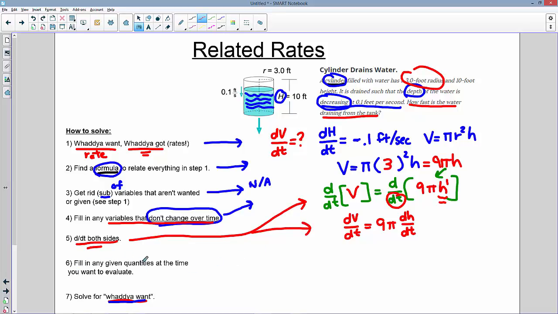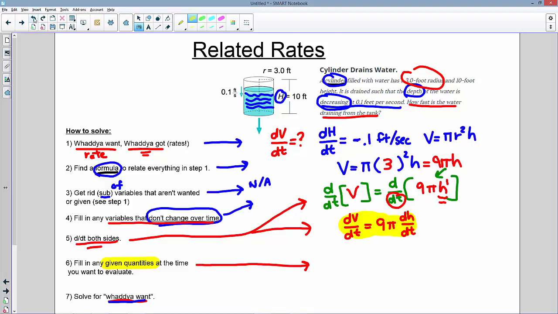Step 6, fill in any given quantities at the time you want to evaluate. Now this is different than these earlier steps because this given quantity might be the height or it might be the volume. Now this formula is completely independent of any variables other than the rates, right? Pi is a constant.